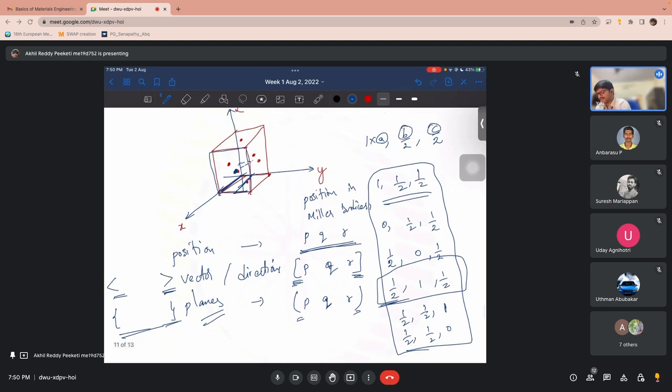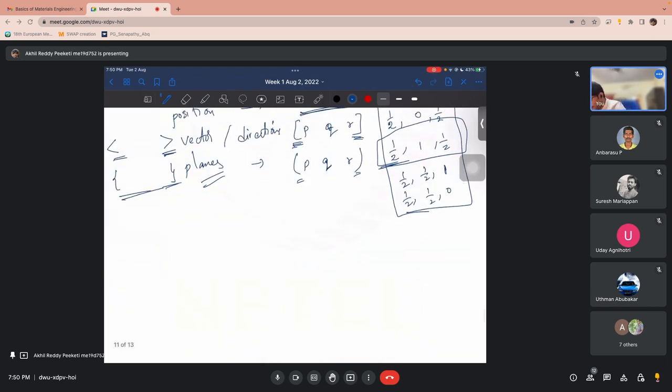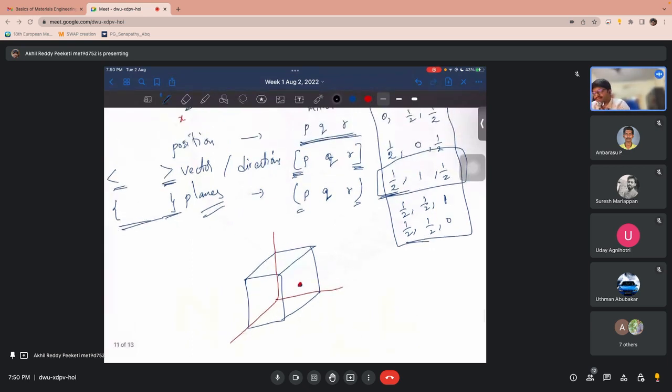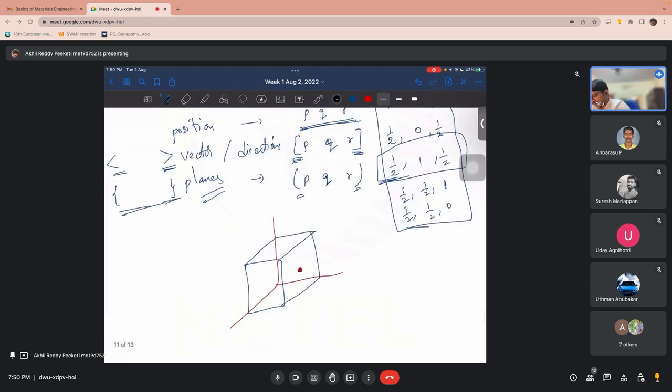So it's x of y1 z of, so this will correspond to this face center. What should be the vector notation?